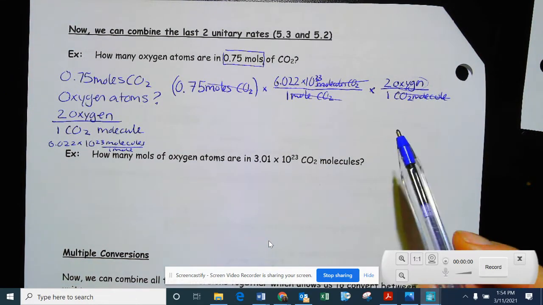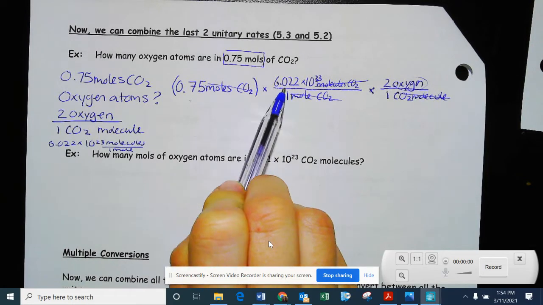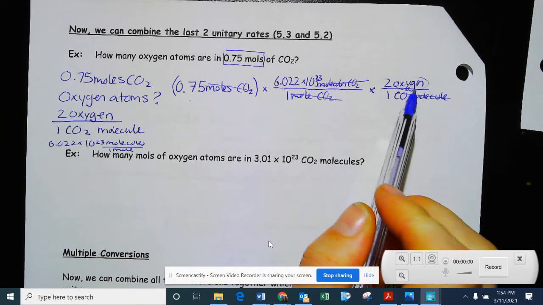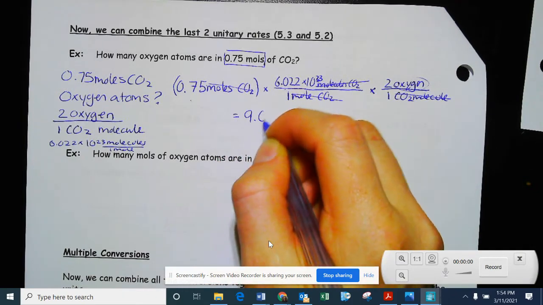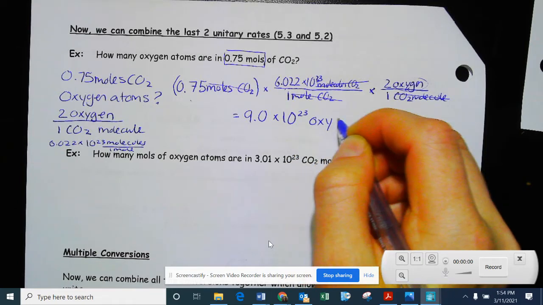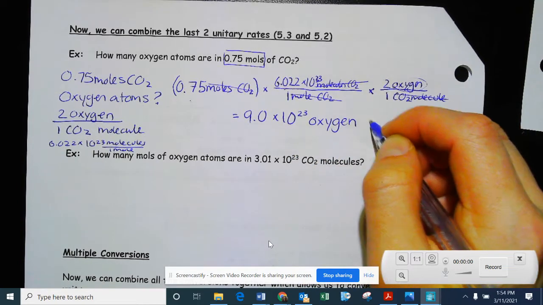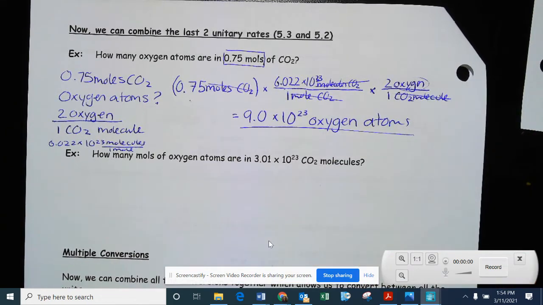So if I go 0.75 times 6.022 times 10 to the 23 times 2, what I'm going to end up with is 9 times 10 to the 23 oxygens. So I've got that many oxygens in 0.75 moles of CO2.